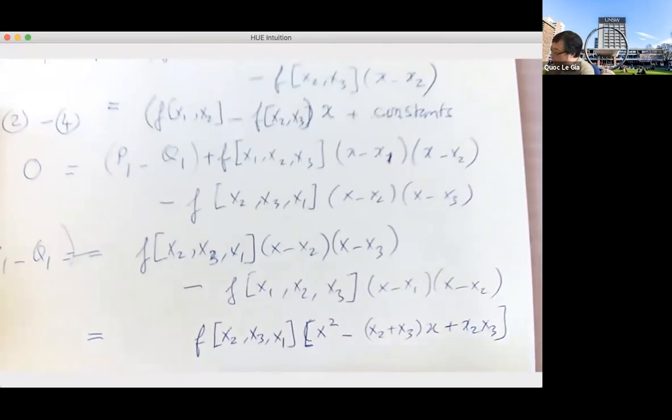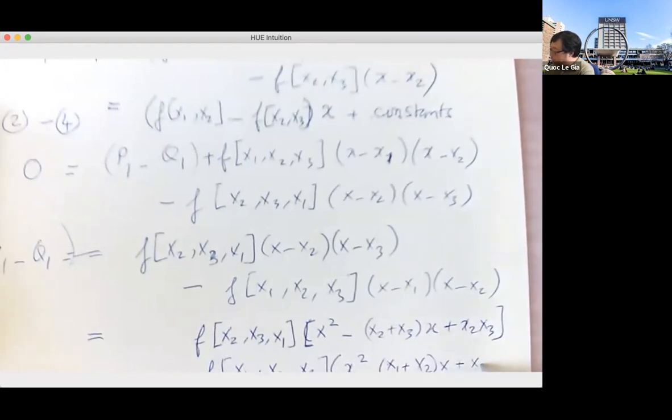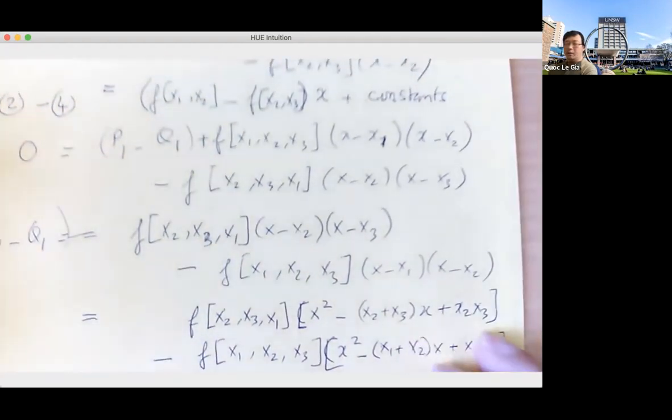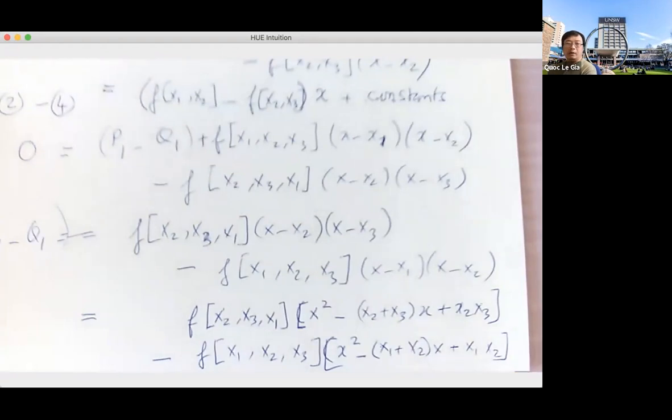And minus f of x1, x2, x3 times x squared minus x1 plus x2 times x, plus x1 x2. Yeah, you got it, right?